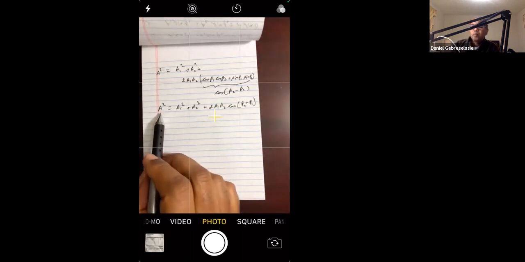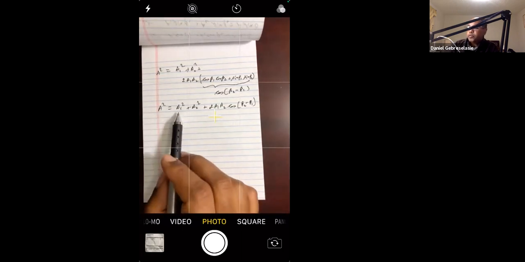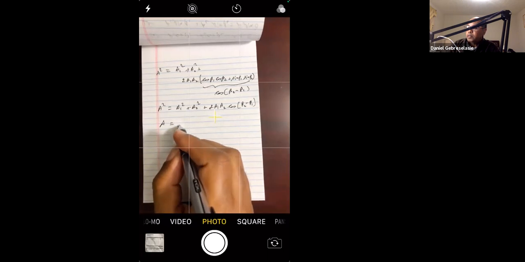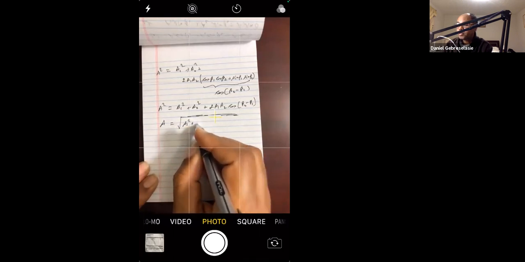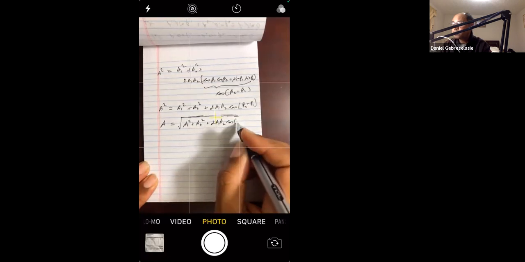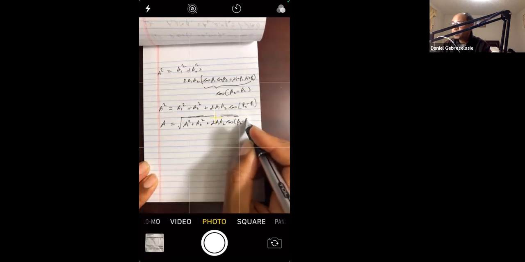You see? So I got a formula for the amplitude of the net wave in terms of the two amplitudes and the two phase shifts. We take the square root, of course. We get the following. So this is the formula for the amplitude of the net wave. We have A equals the square root of A1 squared plus A2 squared plus 2 A1 A2 cosine of beta 2 minus beta 1.